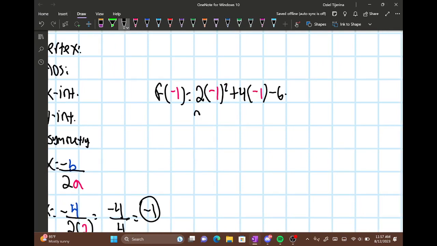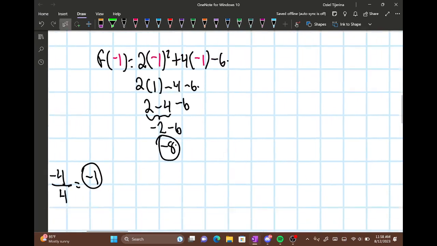Negative 1 squared is 1, so we have 2 minus 4 minus 6. 2 minus 4 is negative 2, and then minus 6 is negative 8.